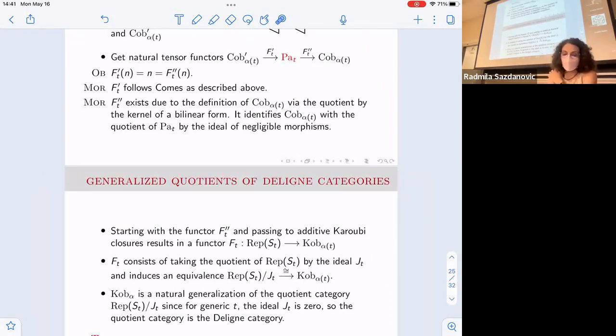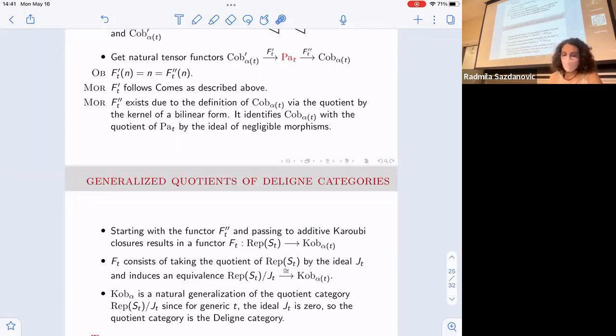And it turns out that it gives you a functor that I'm going to denote by f sub T that's going to be sending the Deligne category into the Karoubian additive closure of Cob alpha. And again, this is just given by taking the corresponding quotient by negligible morphisms on both sides.